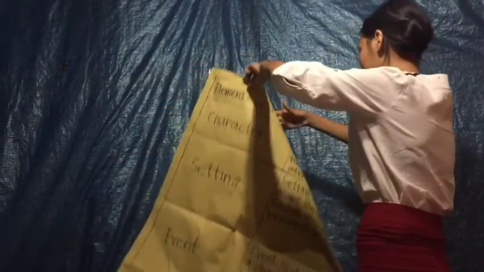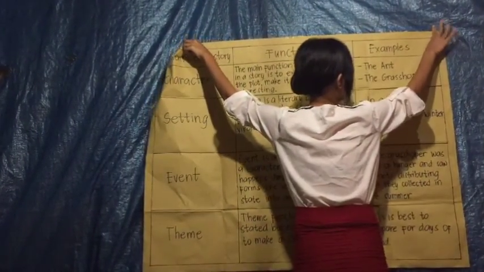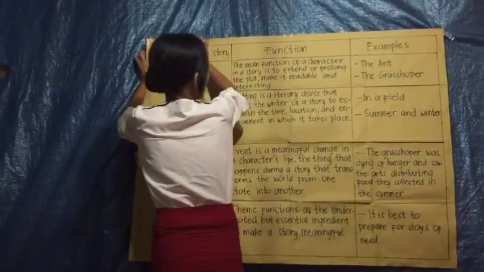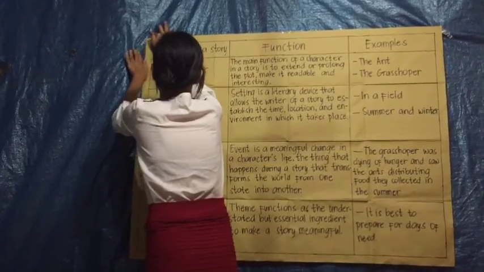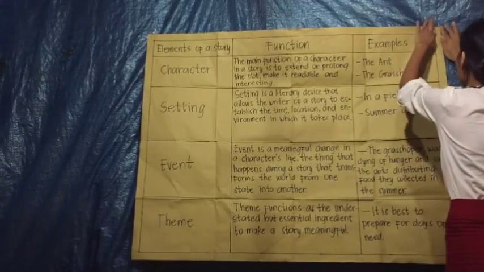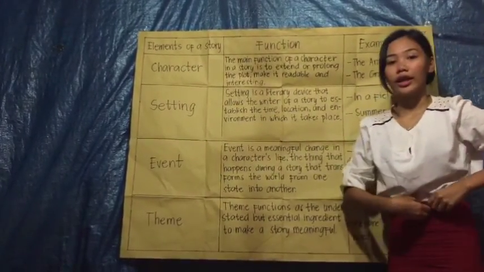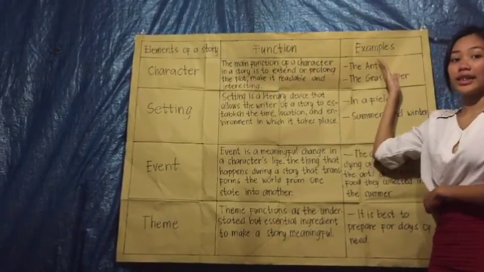I'm just going to paste it. I have here the visual aid of the elements of the story and their functions, as well as examples.